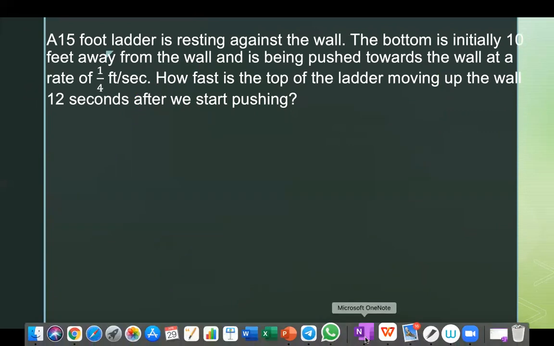Now another advanced question. A 15-foot ladder, again a US question, is resting against the wall and the bottom is initially 10 feet away from the wall and is being pushed towards the wall at a rate of 1/4 feet per second.